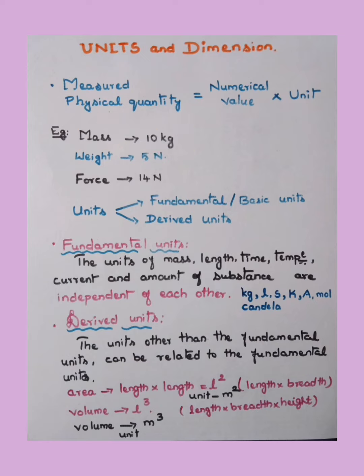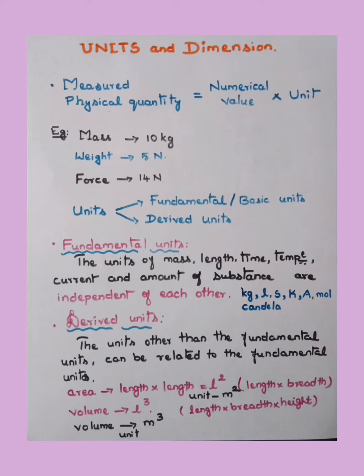When we say weight is equal to 5 Newton, weight is the physical quantity, 5 is the numerical value, and N is the unit. So a physical quantity is expressed as the product of numerical value and unit. Same for force also: force is equal to 40 Newton, 50 Newton, any numerical value it could be.